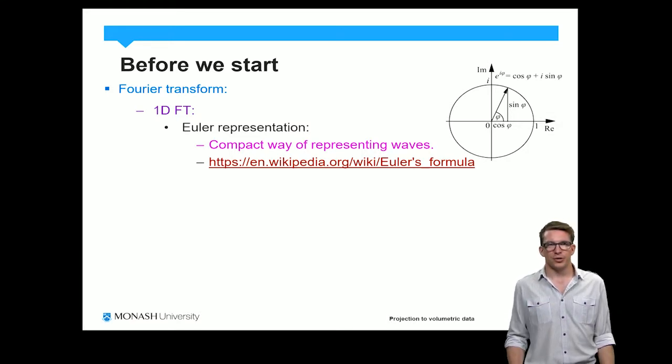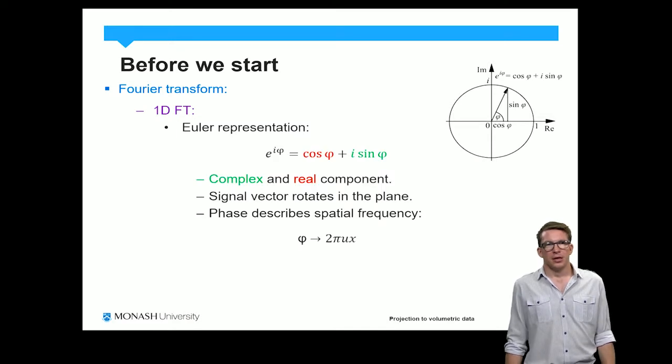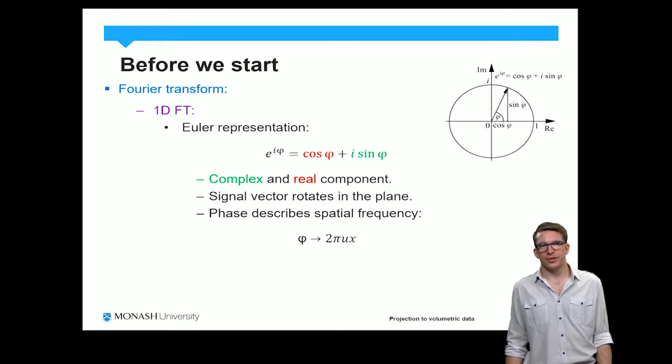We do that because it gives us a nice compact representation that's easy to differentiate or integrate. So the basic form is e to the i phi is cos phi plus i sin phi. So we have the cosine components as the real components of the signal and the sine components as the imaginary components, and we can bundle those two things up together.